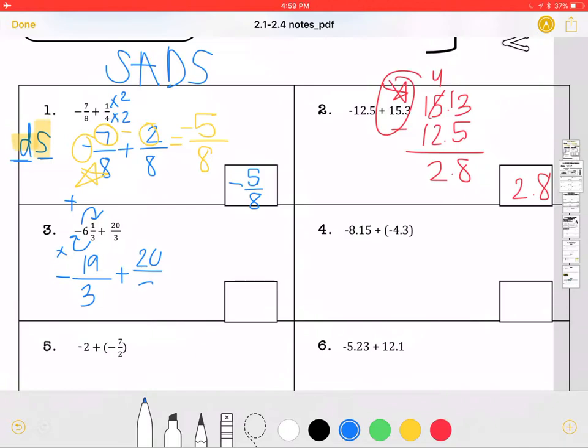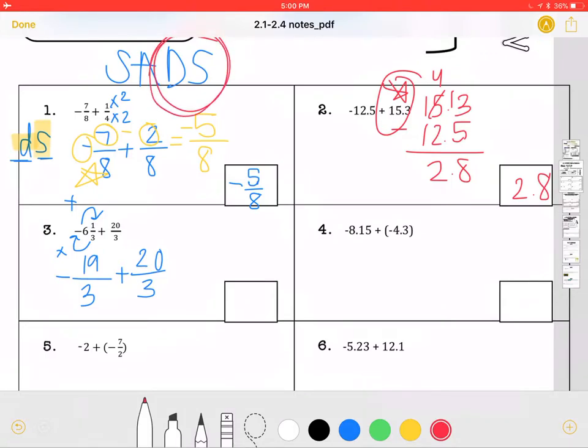Now, what do I notice? I notice they're both improper now, which is good. I also notice they already have the same denominator. So whether we're adding or subtracting, we're ready to go with fractions because they both have a 3. So now we're just deciding, do these have the same signs or different? I see a negative and a positive, so they're different. So again, different signs, we're going to subtract.